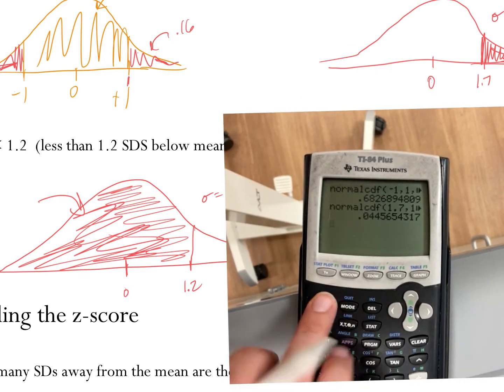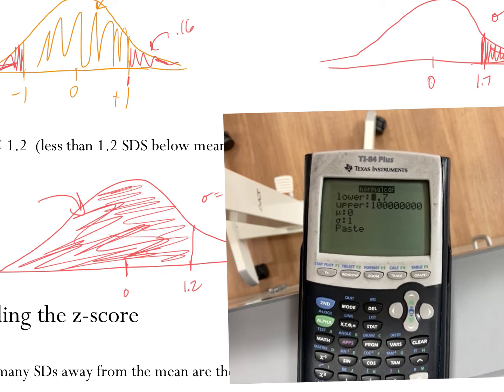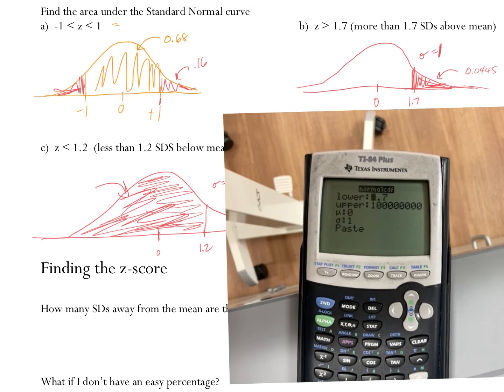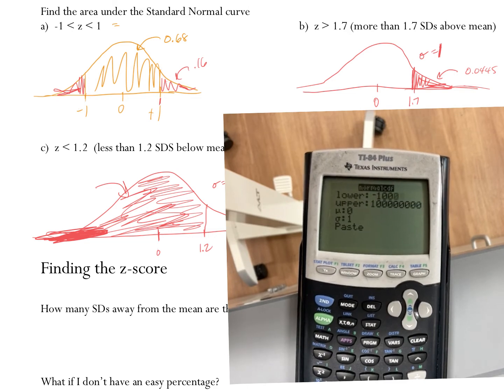I go second vars and bring up the normal CDF again. Now what's my lower boundary? Infinity. It is not infinity. It is negative 1.2? Not negative 1.2. How about negative infinity? Because it's like down here, right? This is my lower boundary. So I go negative a gajillion.